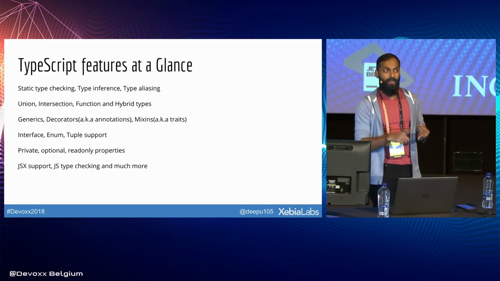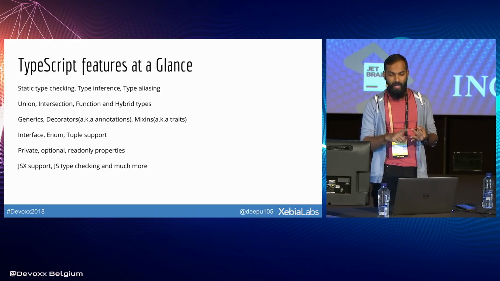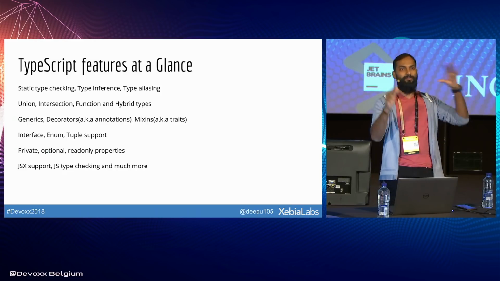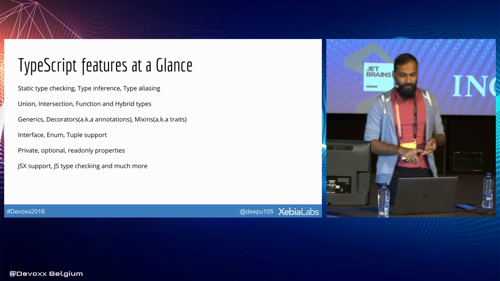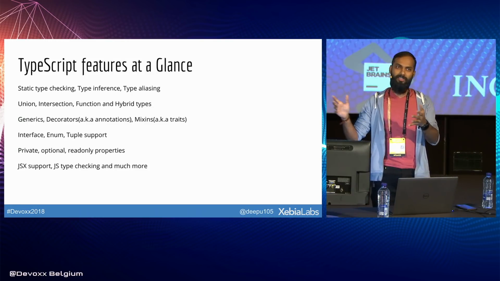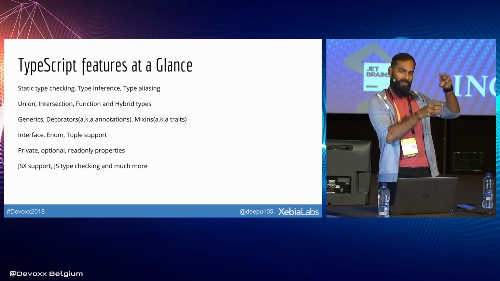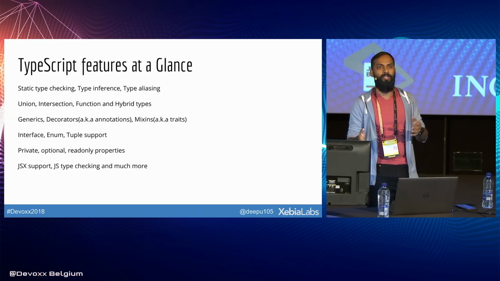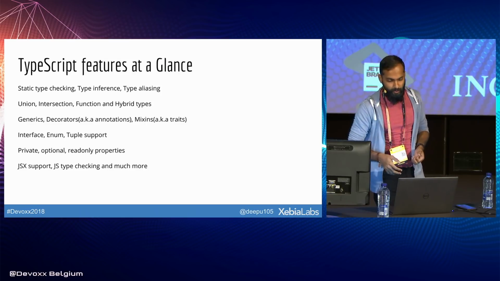You have decorators or annotations, however you want to call it. You have mixins, which is similar to Scala traits. Not exactly, but almost there, right? I mean, technically, mixin is not a TypeScript feature. You still have to do the mixin yourself, but TypeScript supports that particular syntax or way of usage.